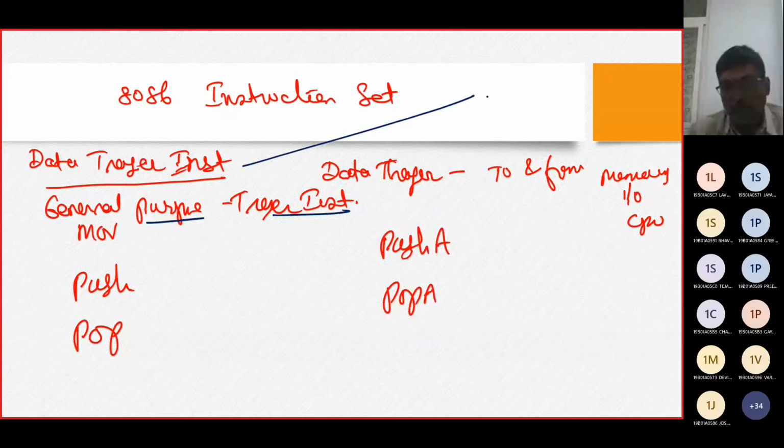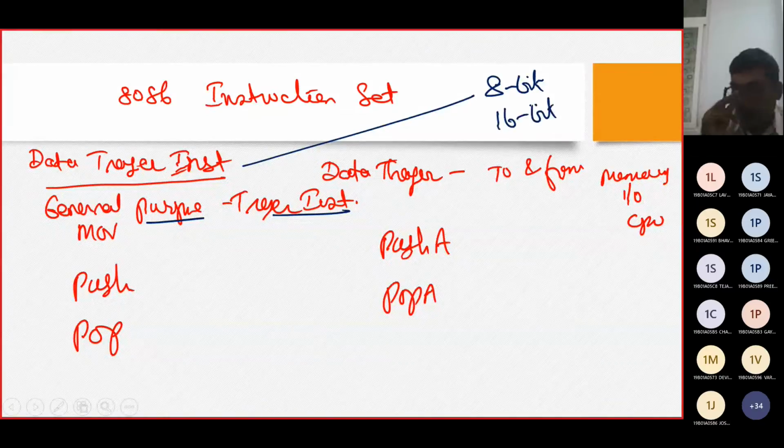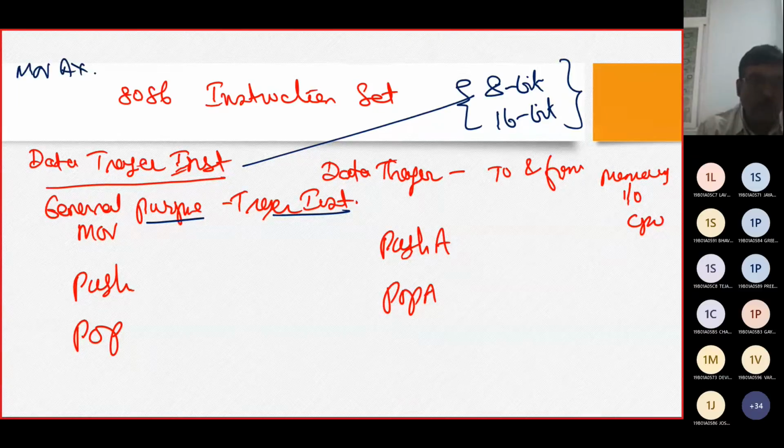So data transfer moves from source to destination, either 16-bit or 8-bit. This is a key takeaway. So move AX comma DX.